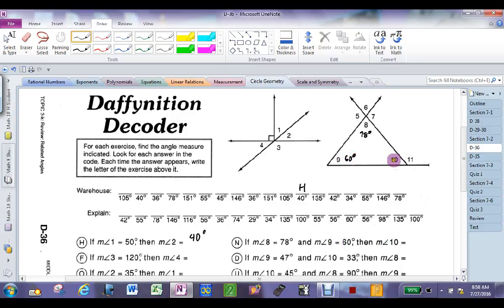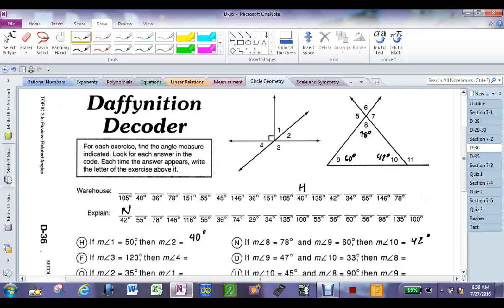So what's angle 10? That makes a triangle. So angle 10 is 180 minus that, yeah? 180 minus 138 is 42. Cool? Everybody got it? So then any 42 would get an N. Okay?